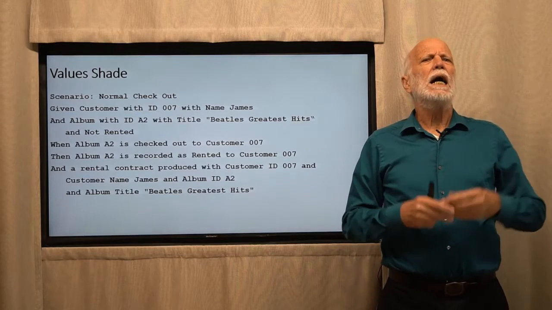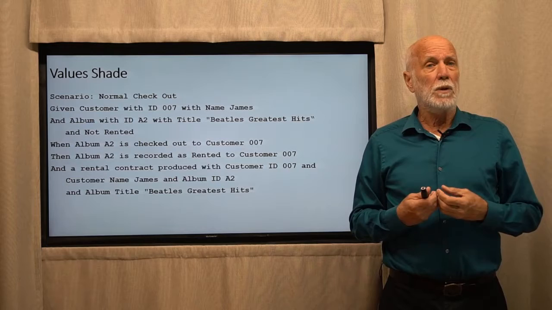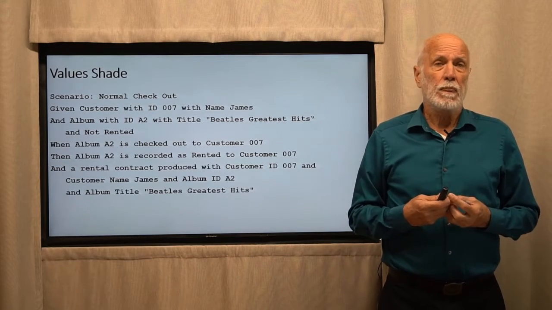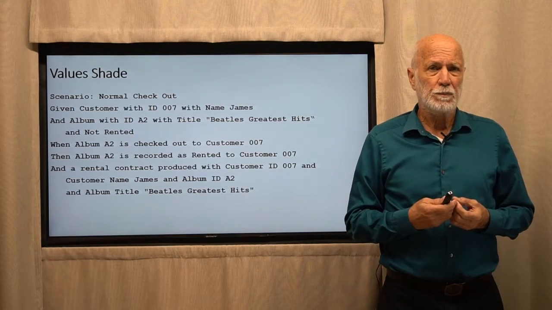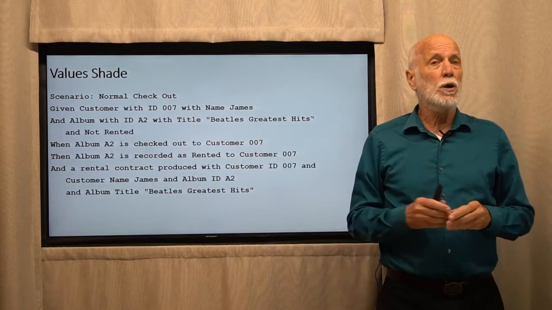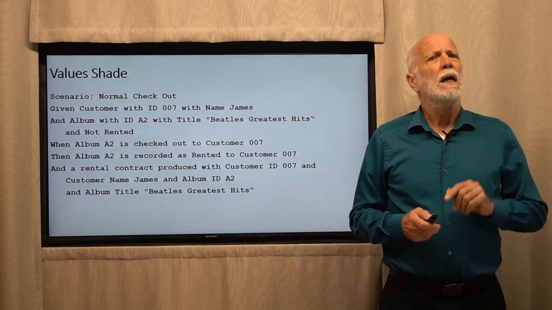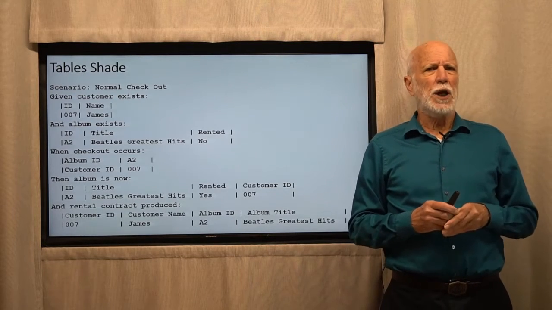We're putting values in and making this into an example that all the perspectives in the triad should be able to understand. You can have on the shade maybe a few less words if everybody's familiar with the domain. That's the value shade.